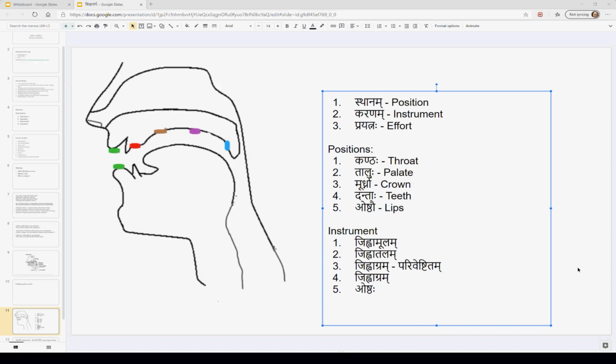And even same thing with the instruments also. Instruments means the actuator with what we are actually trying to constrict the air. So there also these different actuators are given, but there are some variations also in different Shikshaa granthas or Shikshaa works. Sometimes there is a difference of opinion also in positions and also instruments and prayatna also.